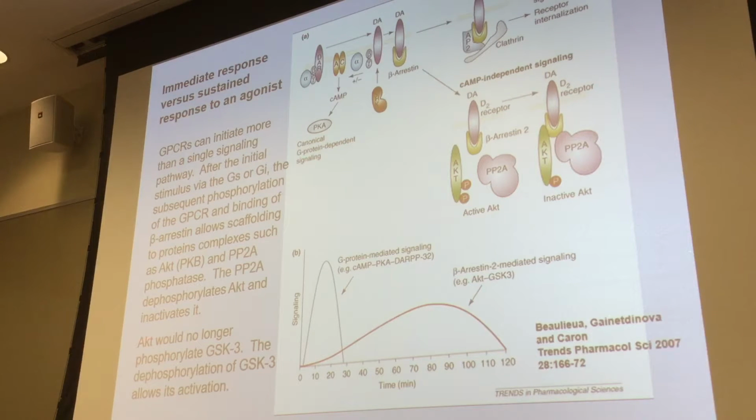So if it's inactivated, it can no longer phosphorylate glycogen synthase kinase. So if it doesn't phosphorylate glycogen synthase kinase, that leaves glycogen synthase kinase as an active protein. So our whole pathway, because we can inactivate our AKT, can actually allow a continued activation of glycogen synthase kinase over a period of time.